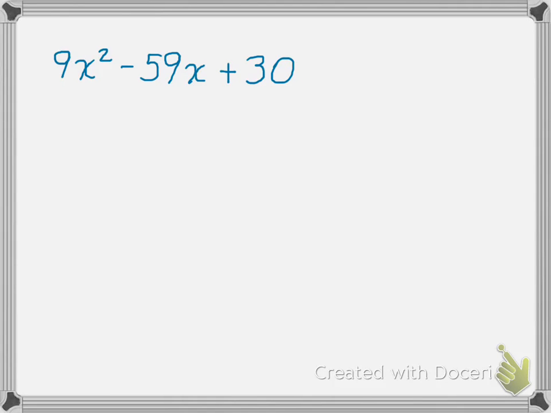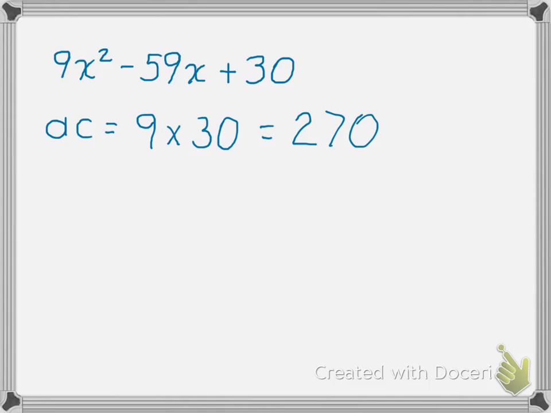Okay, you're trying to factor this trinomial by grouping. This is the same thing as the PSF method, the product sum factoring method. Your question is, how do you get the factors of AC, where AC is 9 times 30, which equals 270?